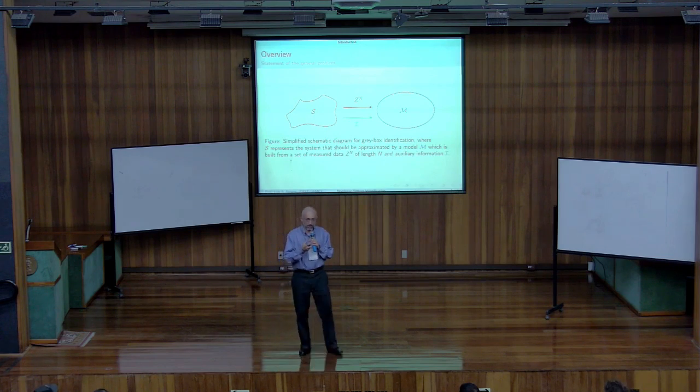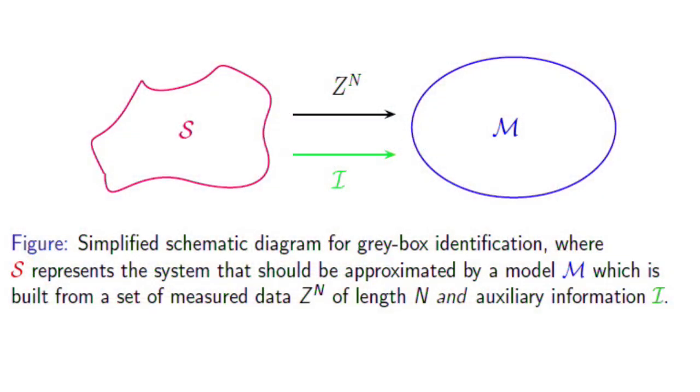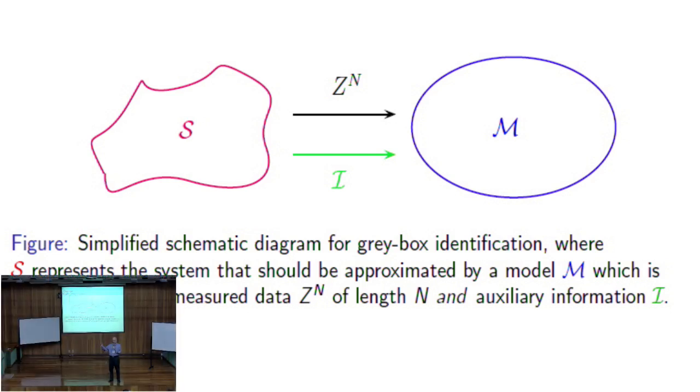So given a model structure, I can fit it to the data just looking at the data, or I can fit it to the data looking at the data plus something else. And the plus something else is this green arrow, which is additional information that also comes from the system.